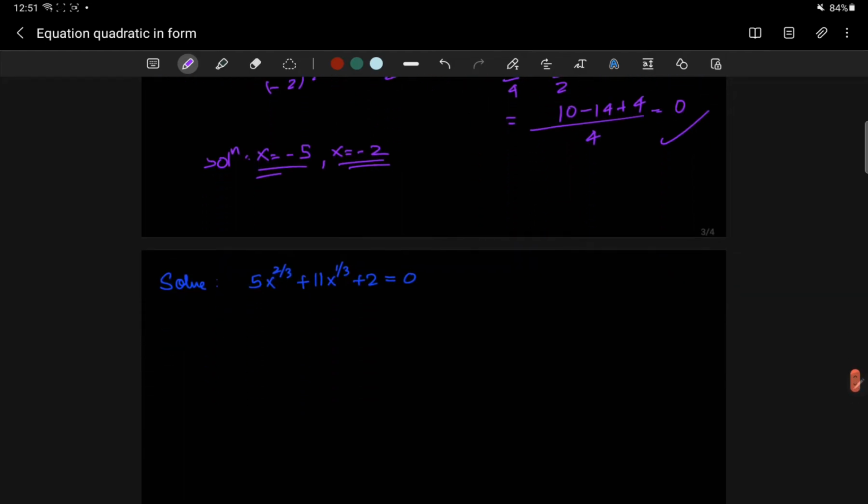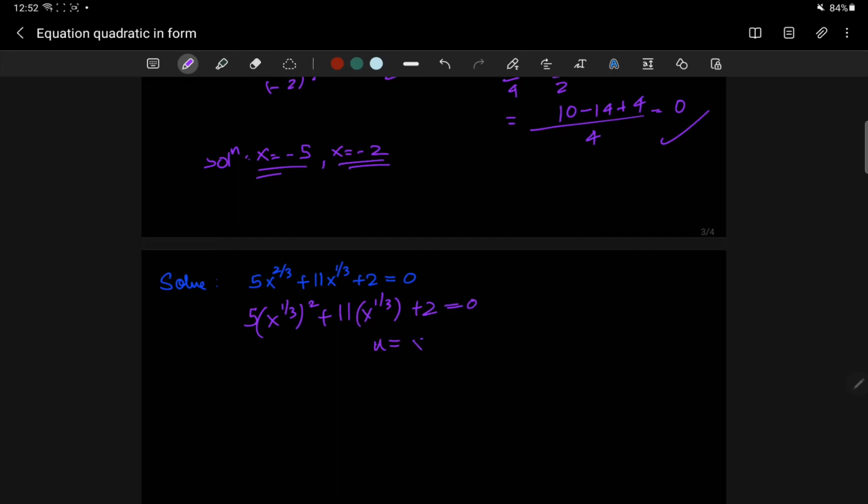Now one last example. Just as we had a negative exponent involved, we can also have a fractional exponent involved. Basically similar to having the radical example in a previous video, because a radical, if you recall, is basically an exponent of 1/2. So here I rewrite this as x to the 1/3 squared plus 11x to the 1/3 plus 2 equals 0.